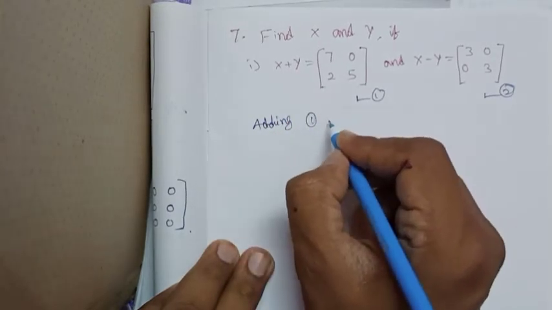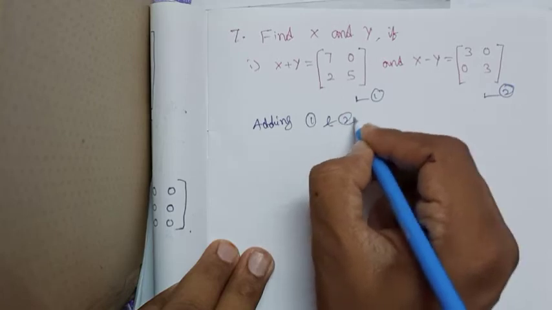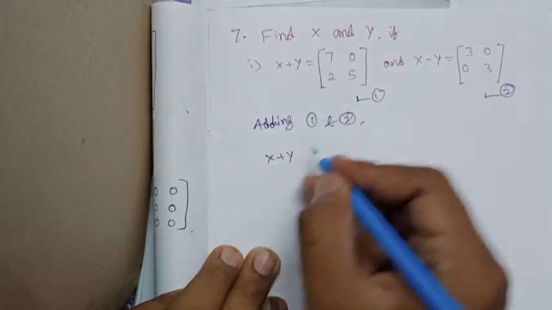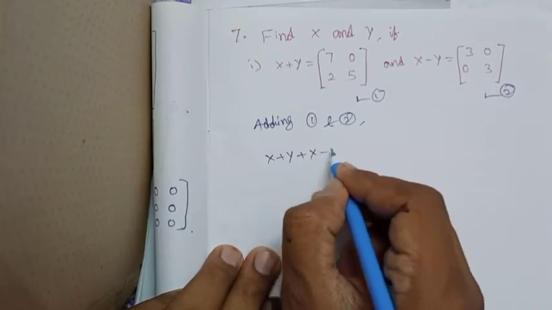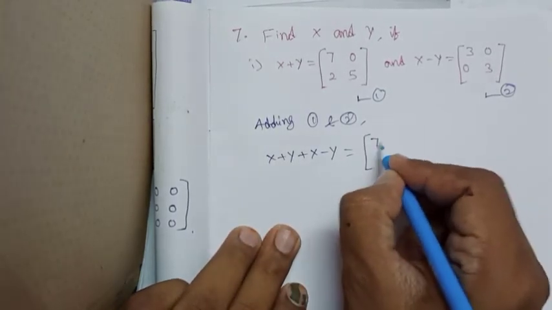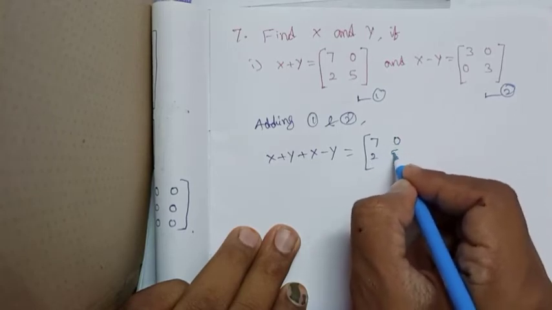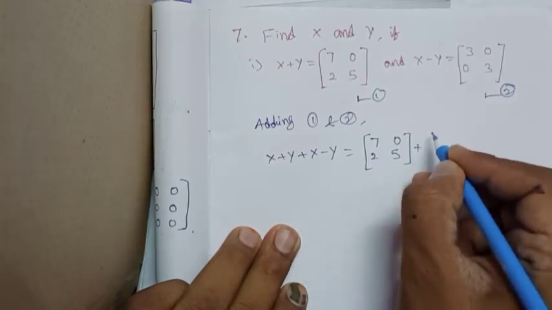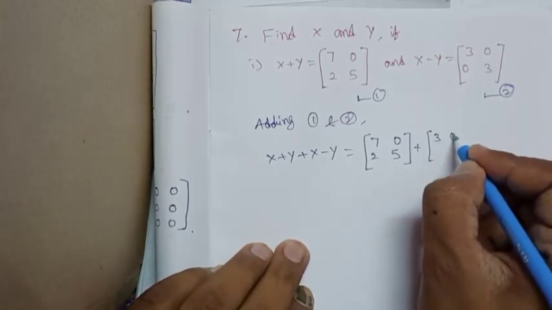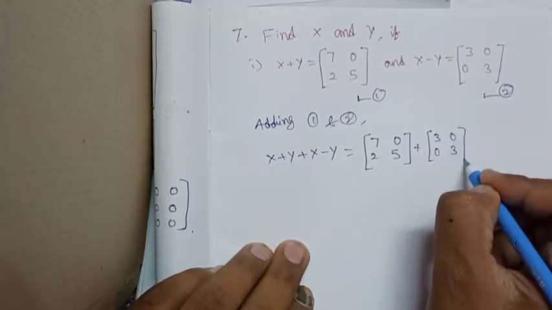So adding equations 1 and 2, we get x plus y on the left hand side plus x minus y, which is equal to, the right hand side matrix is 7 0 2 5, plus this x minus y matrix 3 0 0 3.